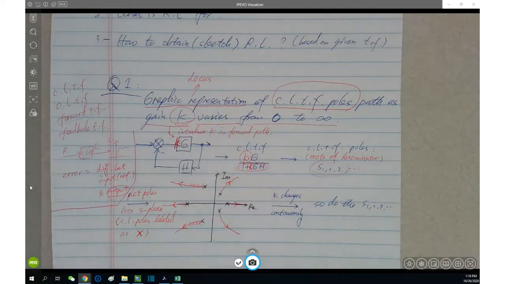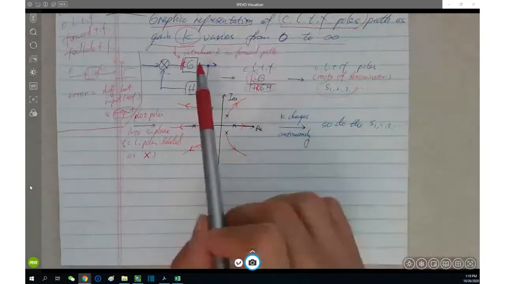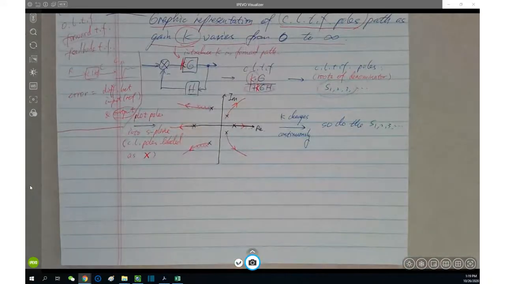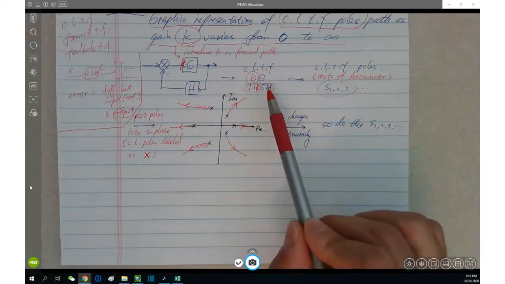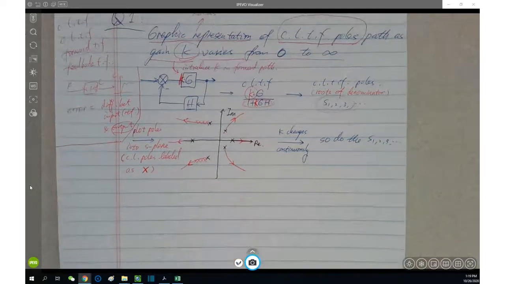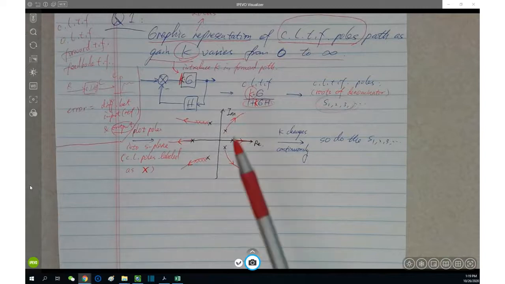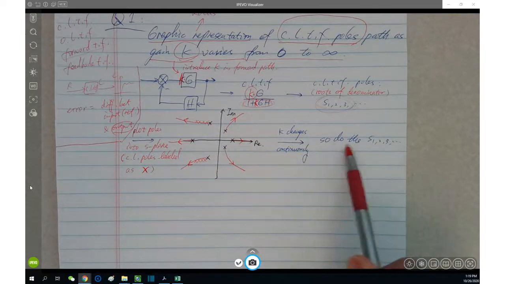So this is how you are seeing paths, because you're introducing a new gain K along the forward path, making the denominator of the closed loop transfer function different. If you change the K value continuously, then so does the closed loop transfer function denominator polynomial. So your closed loop poles are going to change continuously as well.